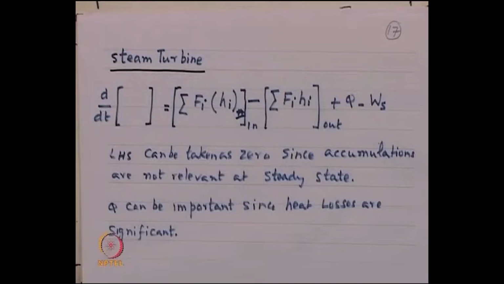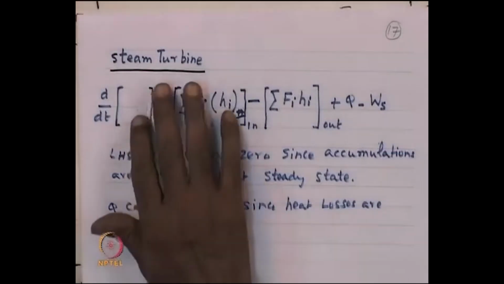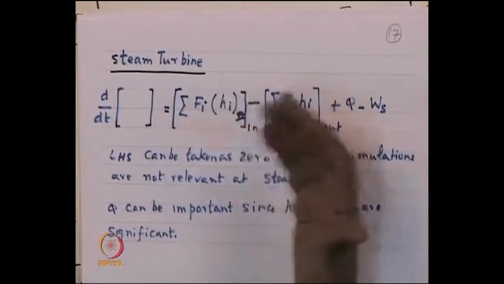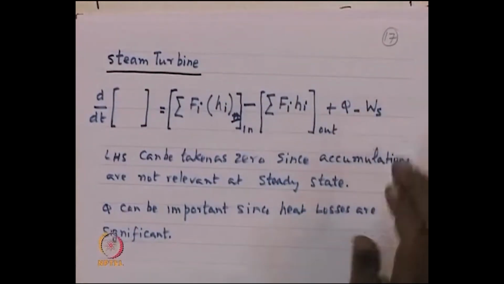Once again, when we have a steam turbine instead of a hydraulic turbine, we want to apply the energy balance. The basic procedure is identical, there is no change. You have a steam turbine where d by dt of the left hand side equals the sum of F_i H_i in minus the sum of F_i H_i out, plus Q minus W_s.